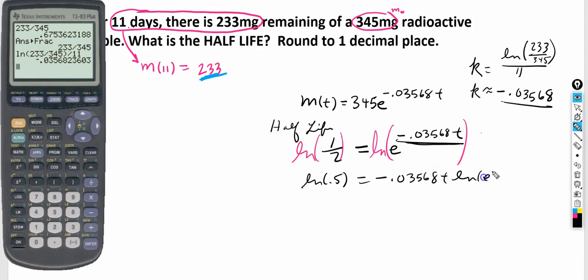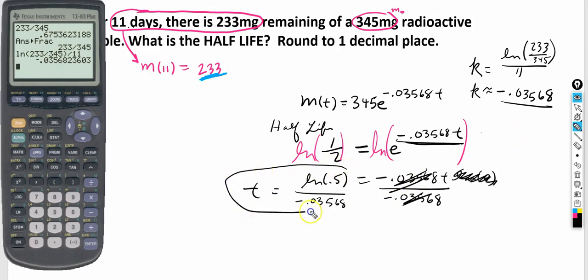Then times ln of e, but ln of e is just the number 1. And then to find my time that it takes for half of it to decay away, I just divide both sides by what t is multiplied by. So that will cancel, and I'll be left with that is my exact answer for t.